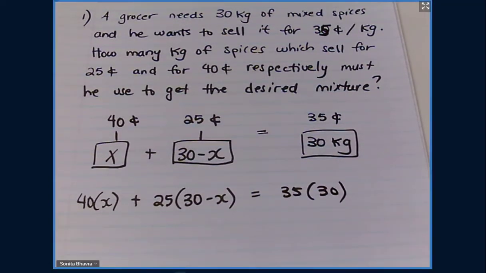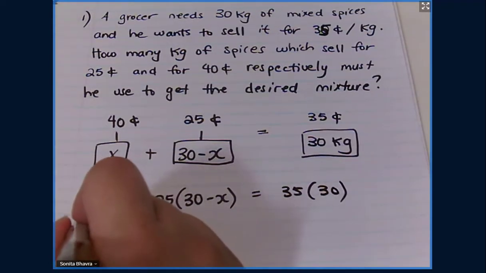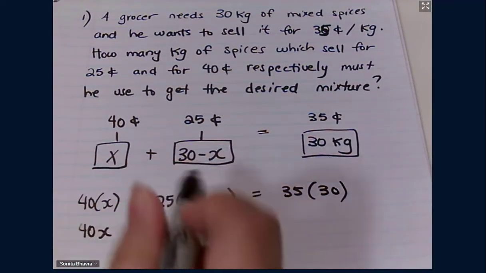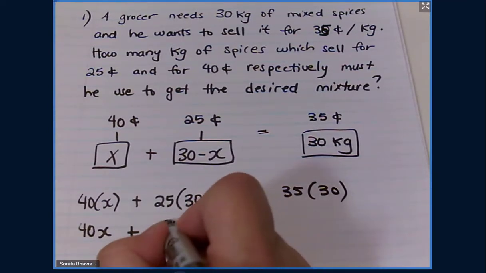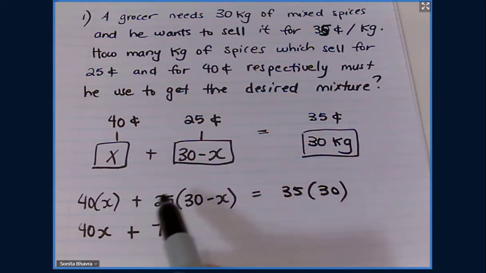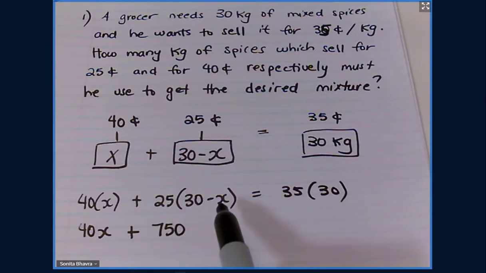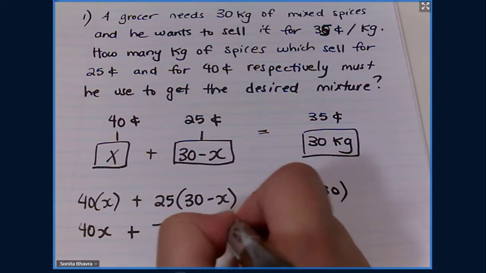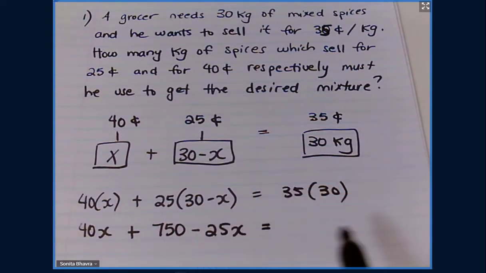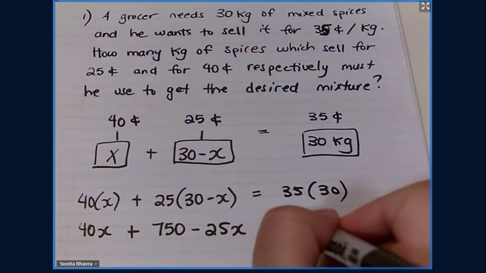All right, so now we can multiply this out. 40 times X is 40X. Then 25 times 30 is 750. And then 25 times the negative X gives me minus 25X. And that's equal to 35 times 30, which is 1050.